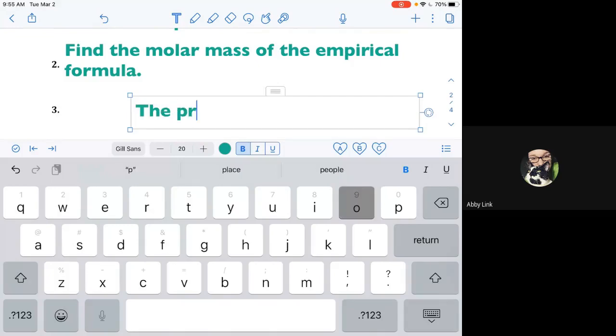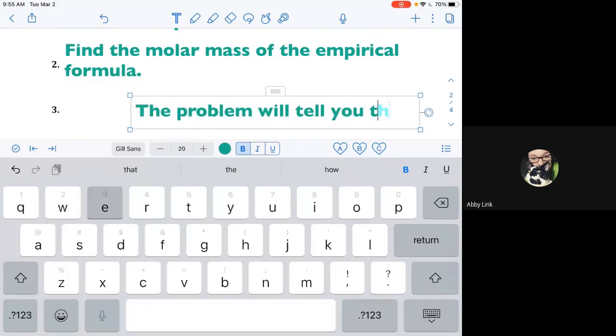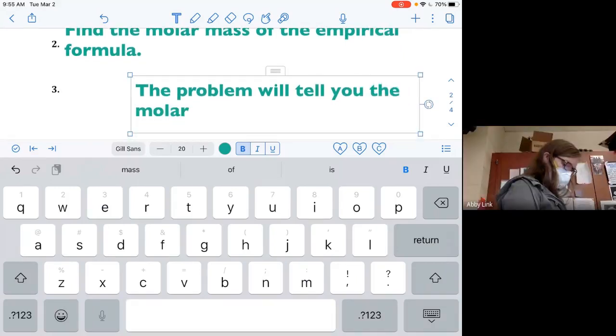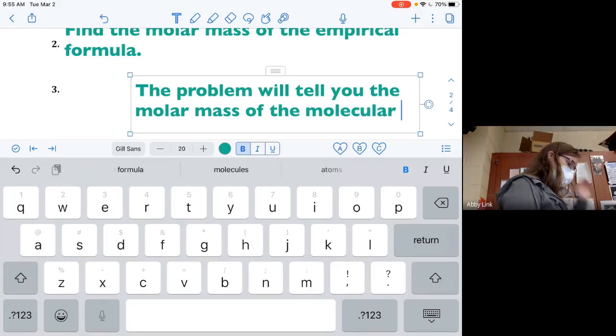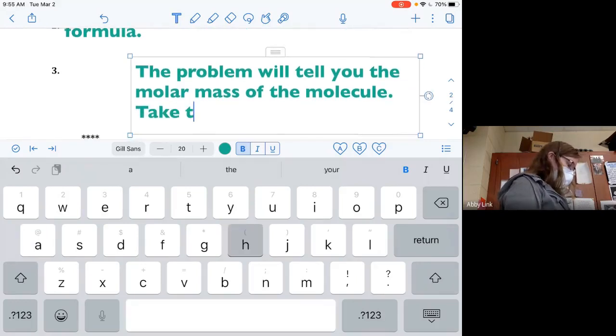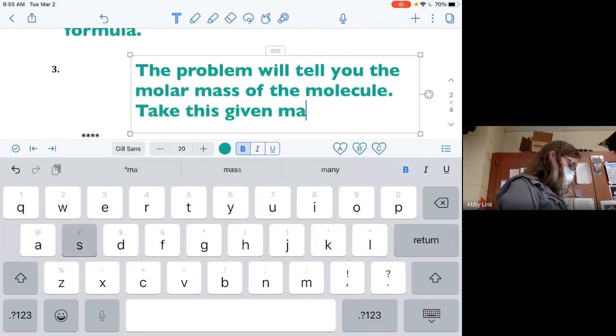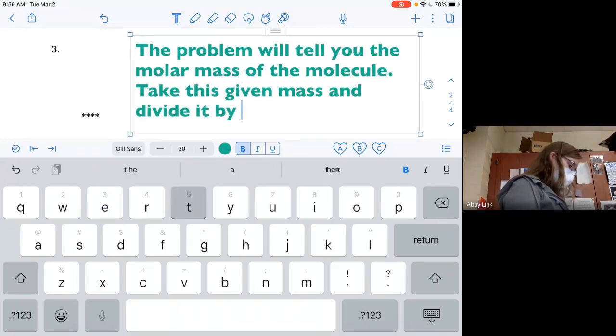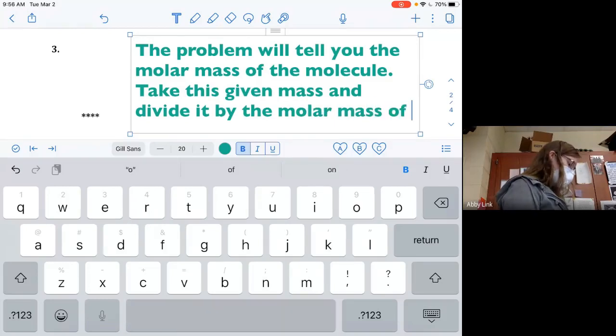Okay, the problem will tell you the molar mass of the molecule. Take this given mass and divide it by the molar mass of the empirical formula.